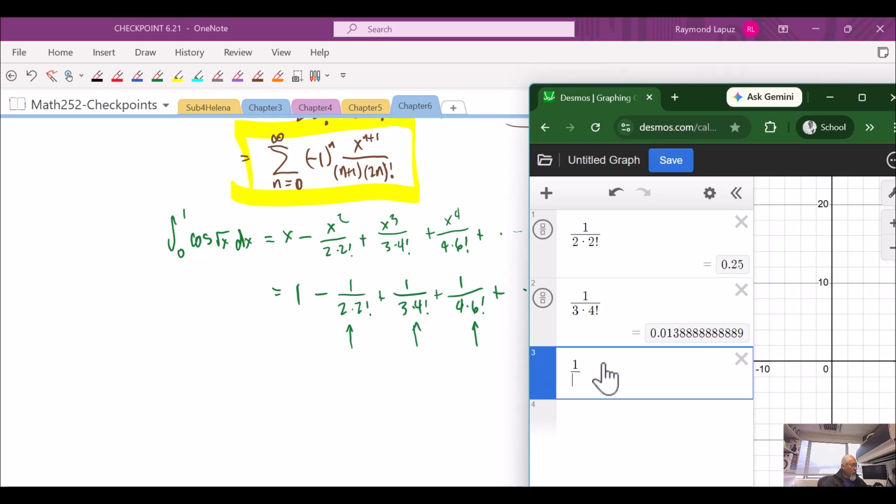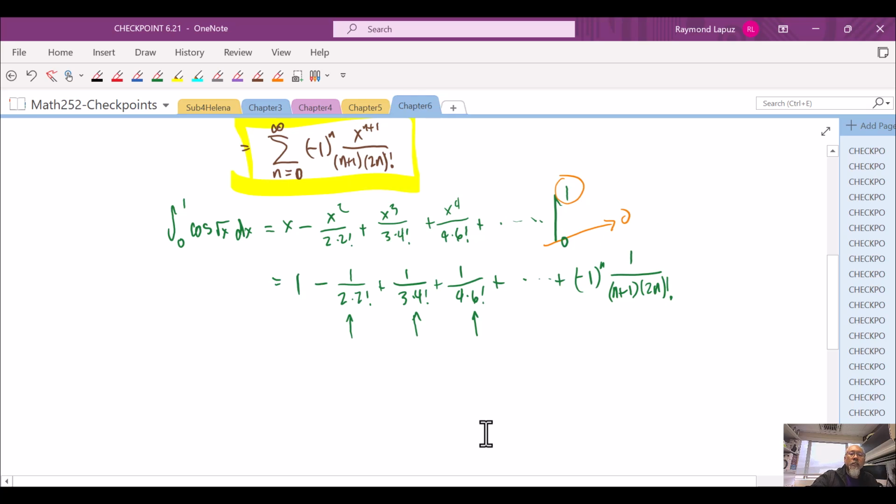But if we go 1 divided by 4 times 6 factorial, then we're contributing less than 0.0003 as part of what we're adding on to this. And looking at my work, it looks like I put pluses where it was supposed to be minus. So I'm going to go 0.25, 0.014, and 0.0003. I saw this while I was looking at the Desmos, so let's put that.